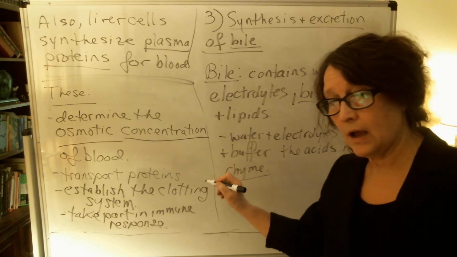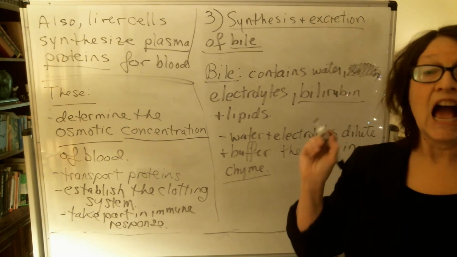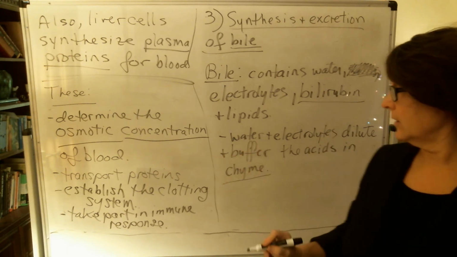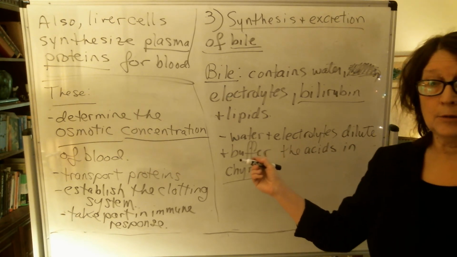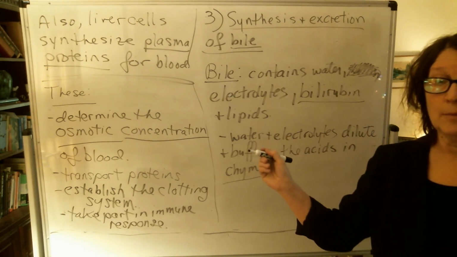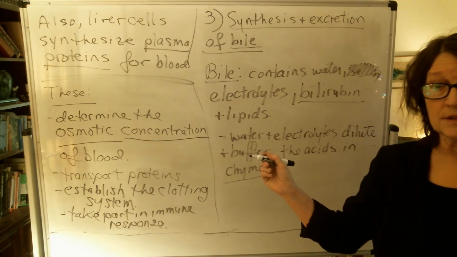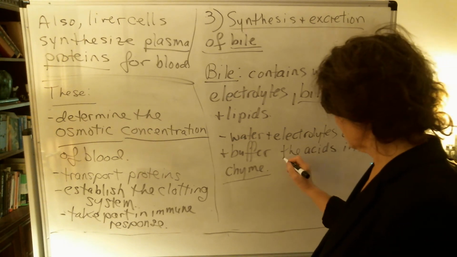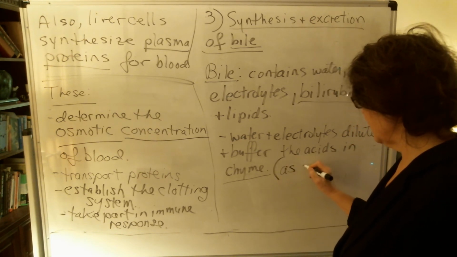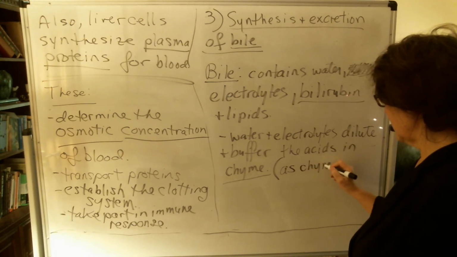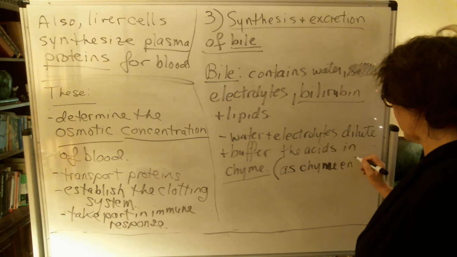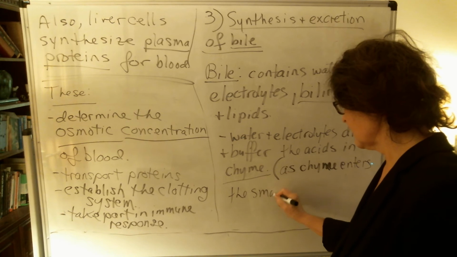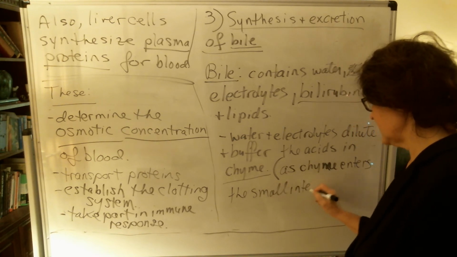You remember chyme, this substance coming out of the stomach, highly acidic because you have all that stomach acid, hydrochloric acid, coming out of the stomach. So this then helps to dilute and buffer the chyme so that it's not so dangerous to your cells. And so this then happens as the chyme enters the small intestine.